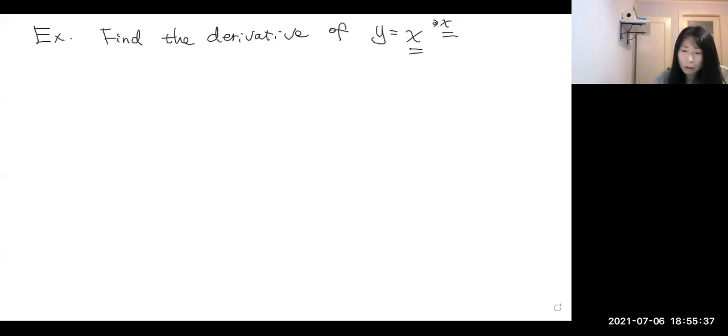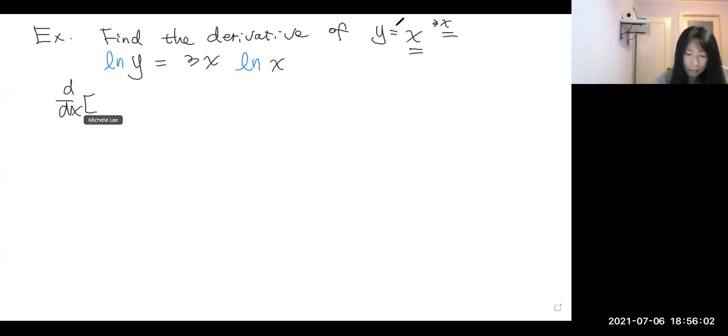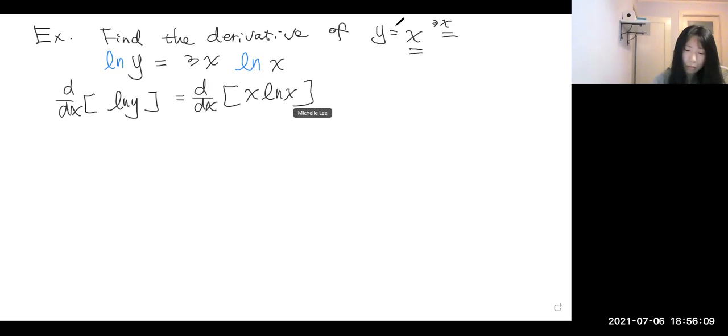So take the ln of both sides. But then let us save the step, right? So we bring down the power first. So y equal to 3x ln x, right? Now we are going to take the derivative.